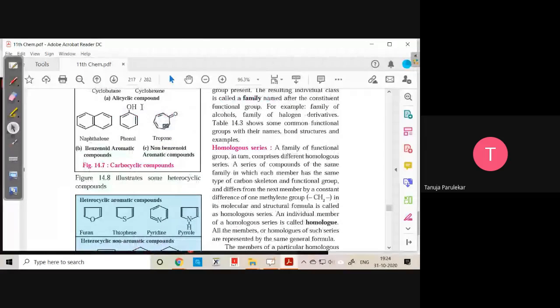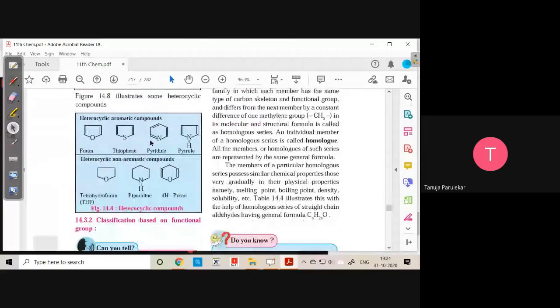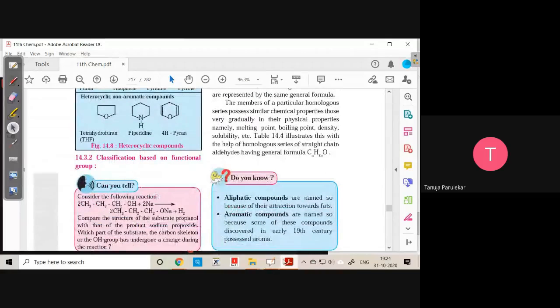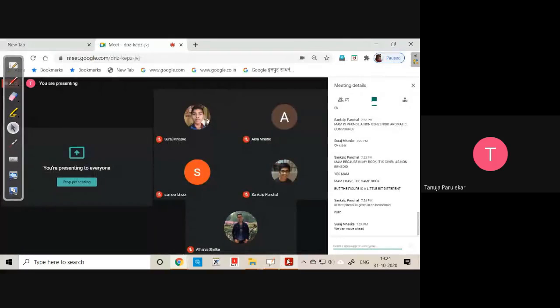Anyway, we'll talk about that later. We will see as it comes. Let's go ahead. That phenol is given as a non-benzenoid compound. Anyways, put a screenshot on my homework class. You just put a screenshot there. I would like to see what book you're talking about.